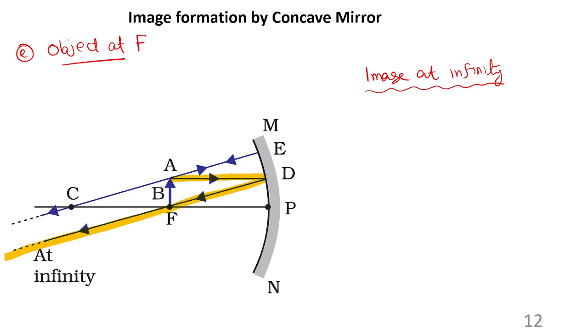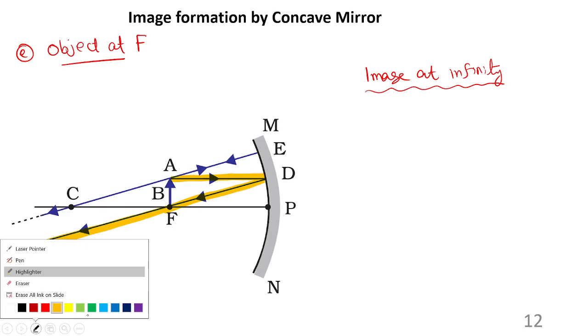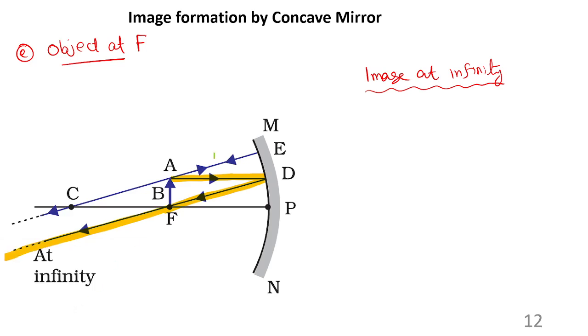I told you to understand one result, which is I have drawn a normal ray. Normal means a ray is drawn perpendicular to the mirror. There is a property that if you draw a ray perpendicular or normal to the mirror, it retraces the same path. It returns through the same path and passes through the center of curvature.